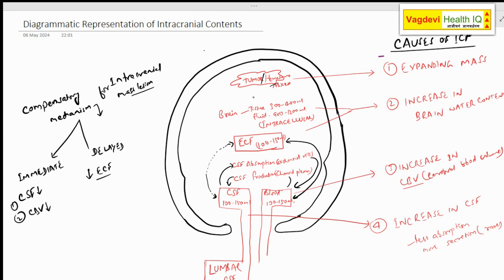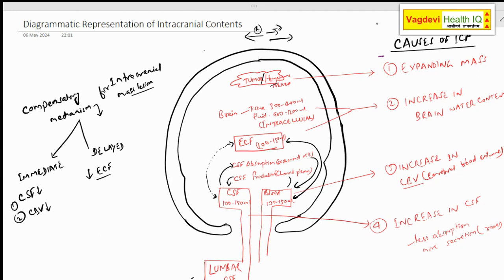Suppose the right side is more, so it will cause subsequent shifting of the brain to the left. So it's not only in the lumbar area, it can again cause pressure over the arachnoid villi also.